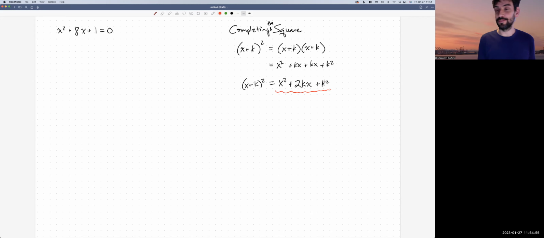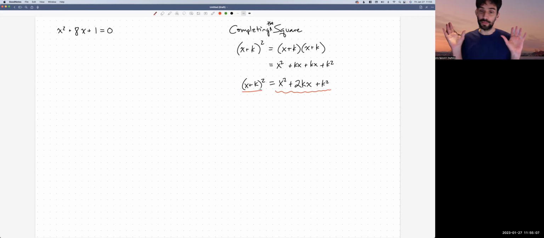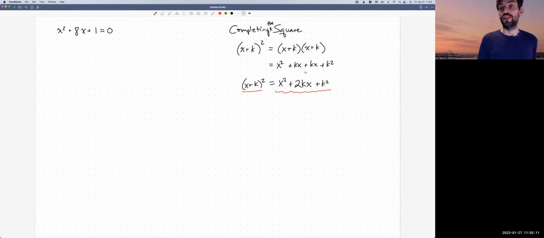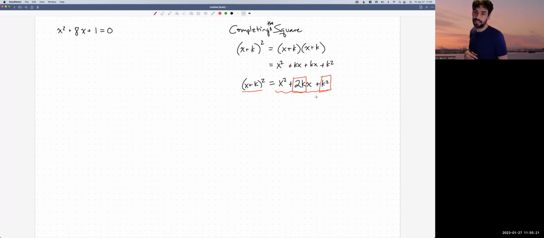What does it mean to be written this way? This is what we would call a perfect square polynomial, meaning we can write it as a linear function squared, not the product of two different linear functions that we saw when we were factoring, but one linear function times itself. The thing that has to be true in order for this to be the case, let's look at the coefficients, the coefficient of x and the constant term.